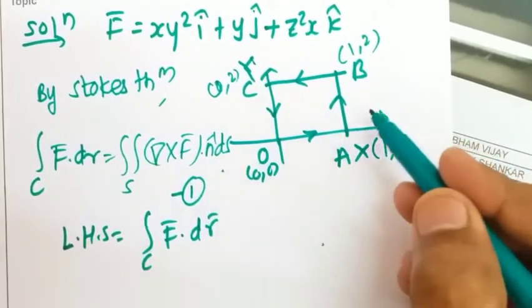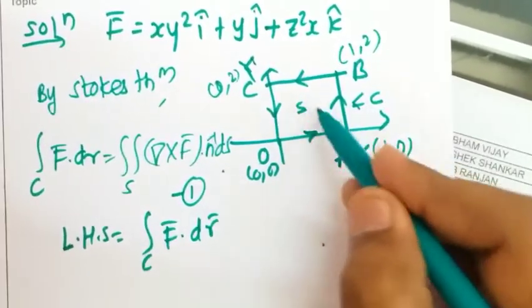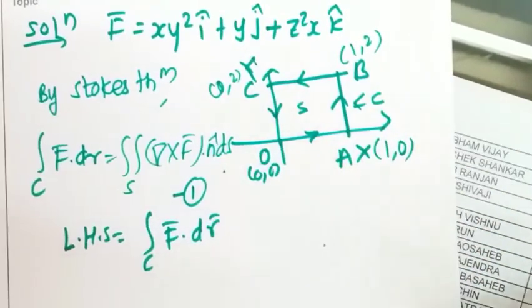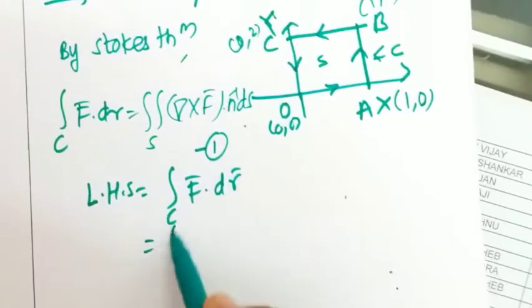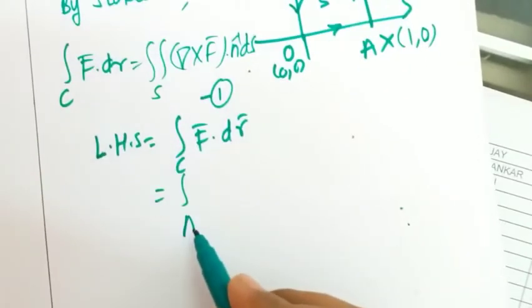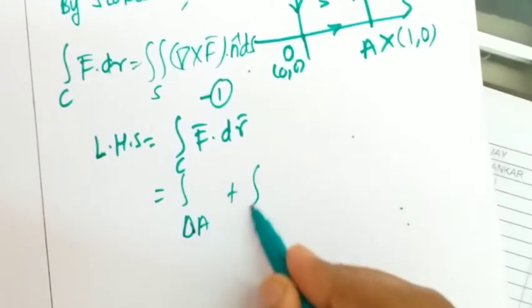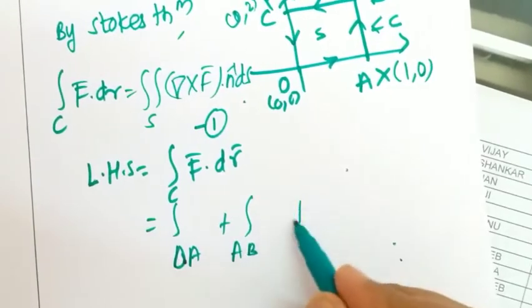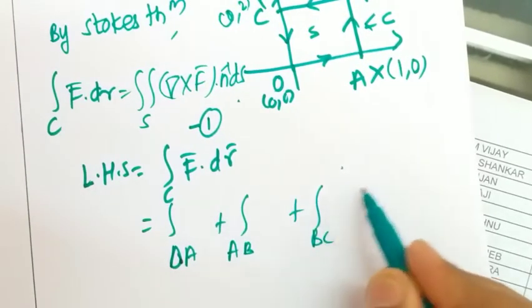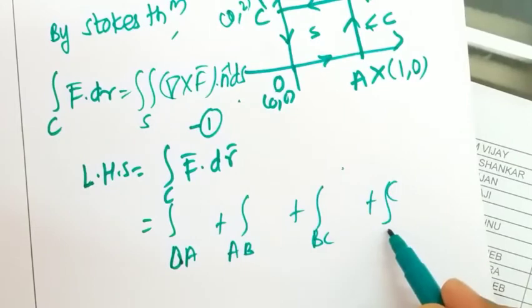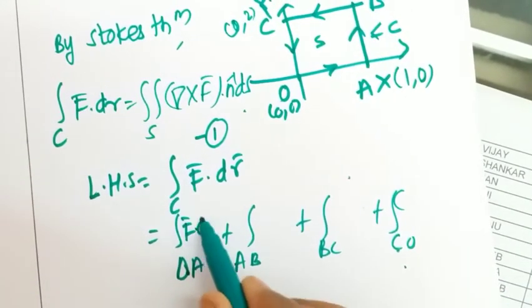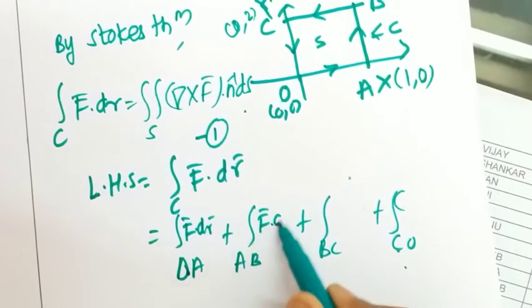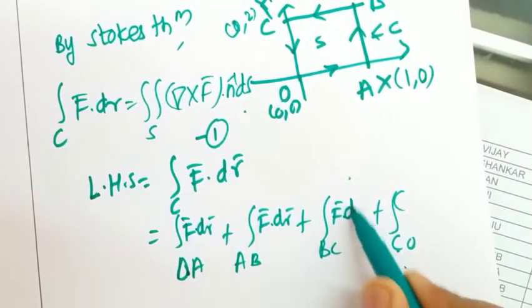This completes the curve C, and this is the surface which is bounded by that curve C. Now this integral is the same as integral over OA plus integral over AB plus integral over BC plus integral over CO of F bar dot dr bar.